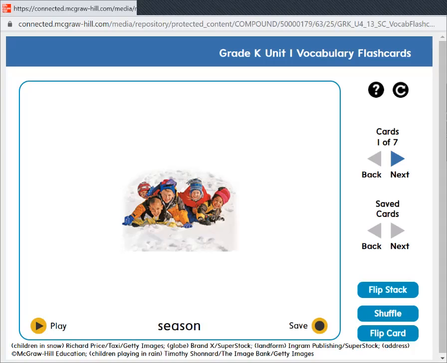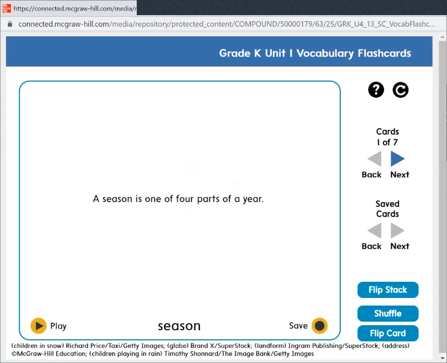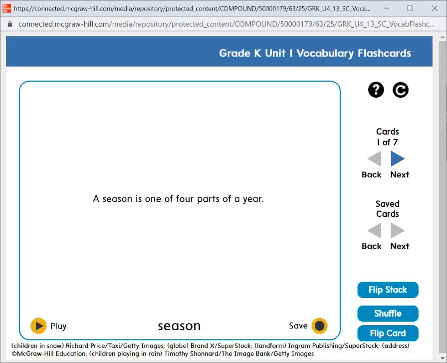So let's look over here, and the first word is season. Can you say season? Well, if you look at the picture, there are some kids and it looks like they're playing in the snow. So season means it's a part of a year. There are 4 parts of a year.